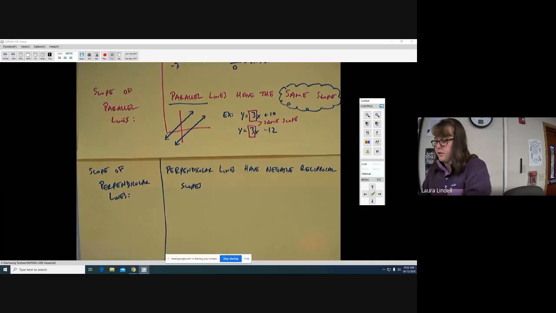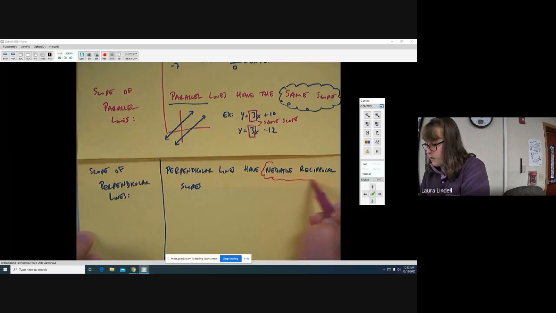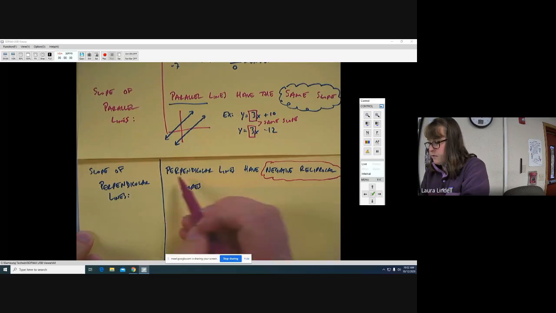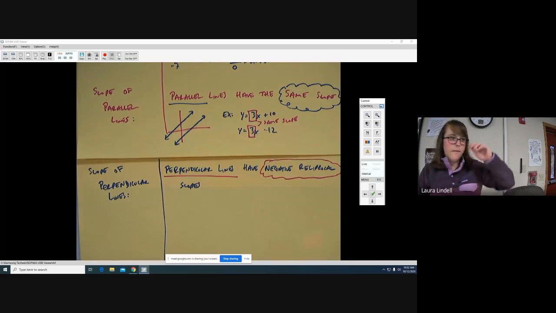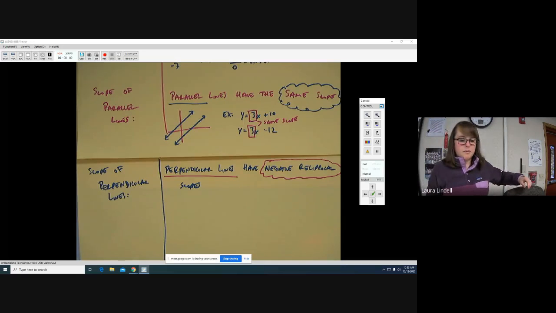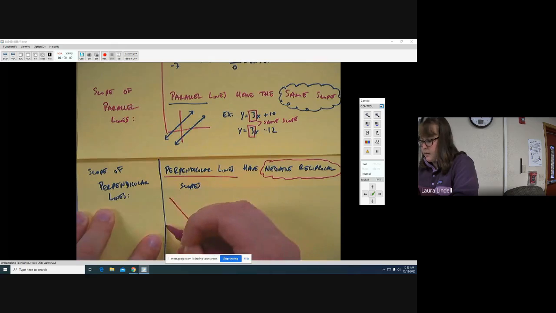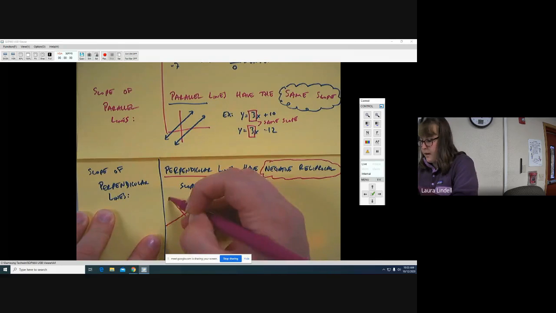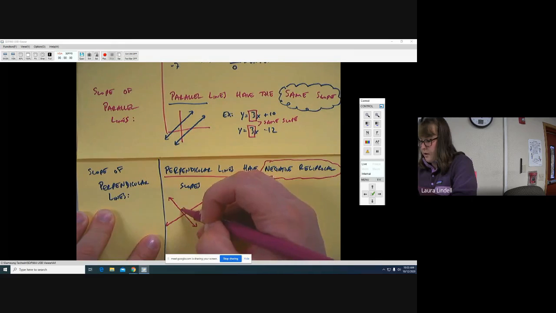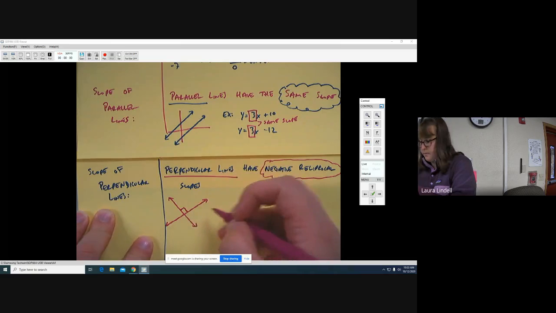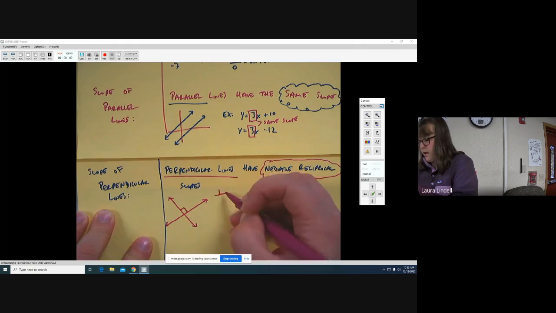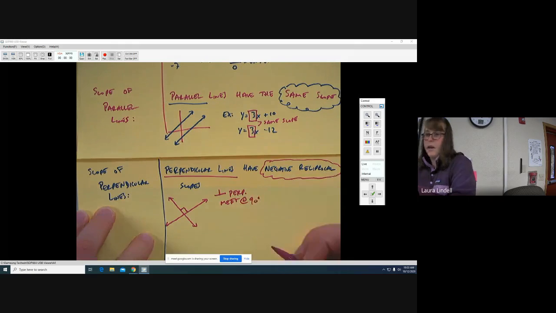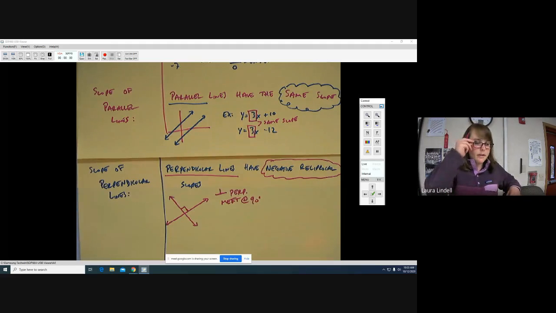Negative reciprocal slopes. Perpendicular lines have negative reciprocal slopes. And what perpendicular lines look like, remember, are lines that meet up at a 90-degree angle at their intersection. That was our symbol for it, right? Perpendicular, meet at 90 degrees. That was the idea we had behind perpendicular lines.